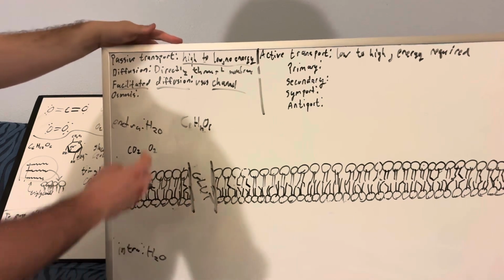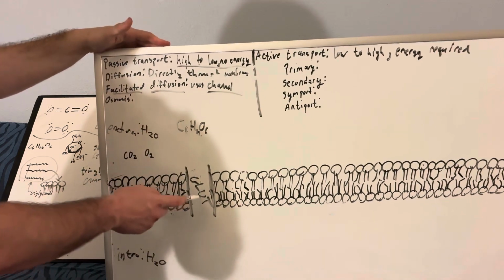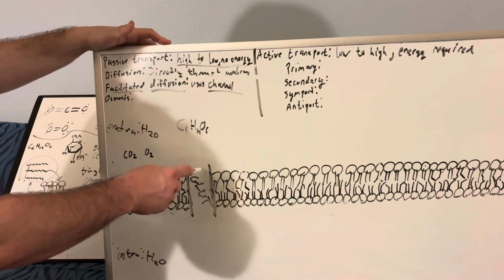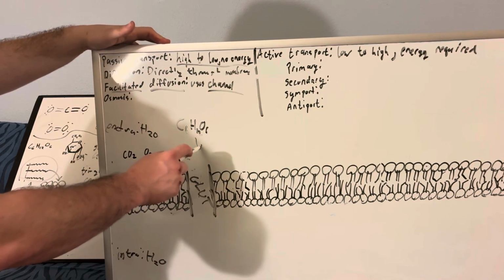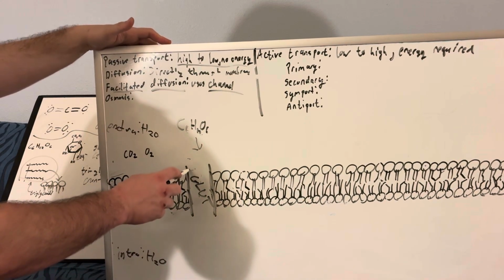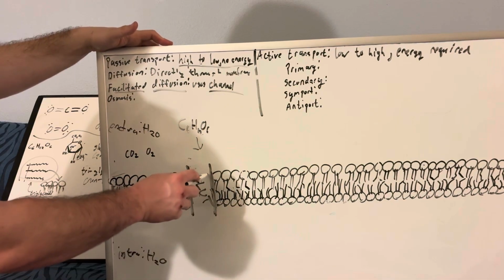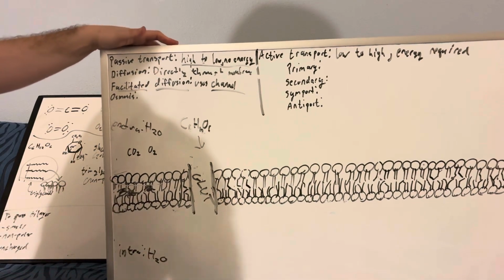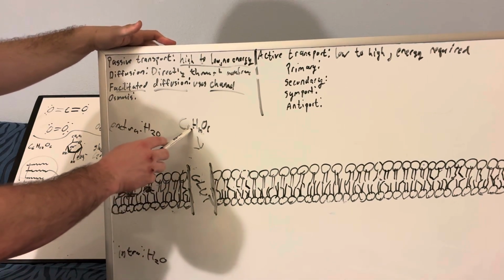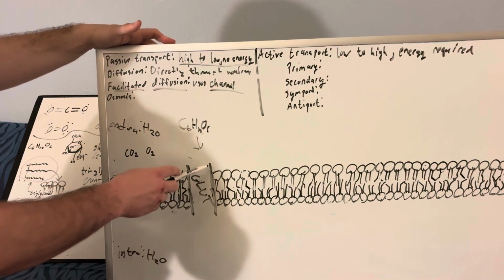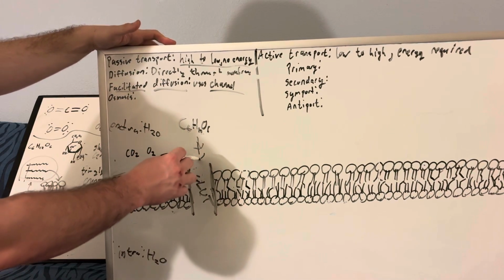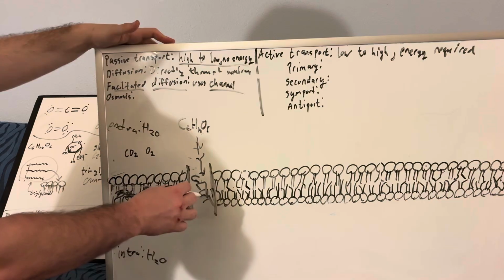We're calling it a channel because I said channel. So this channel is going to be wide enough for glucose to go through, and let's say the inner regions of this channel are also polar. So the polarity that glucose had no longer matters. The size no longer matters. Glucose can go ahead and get through here.